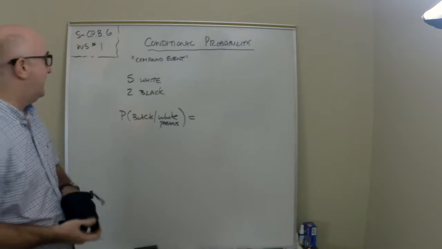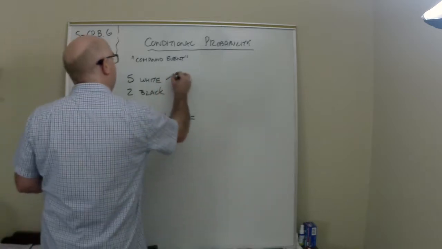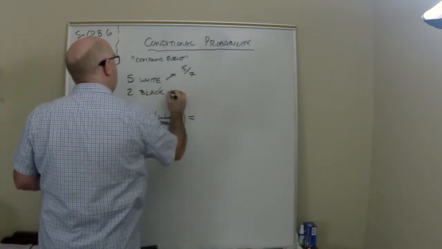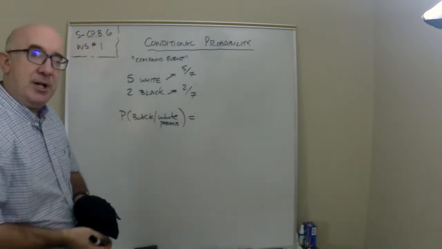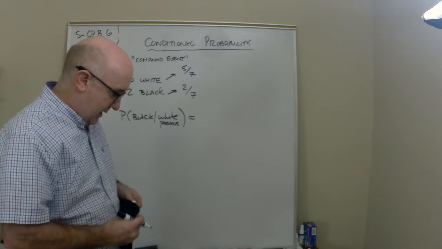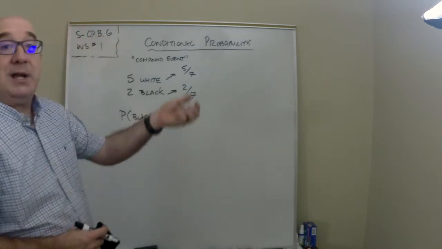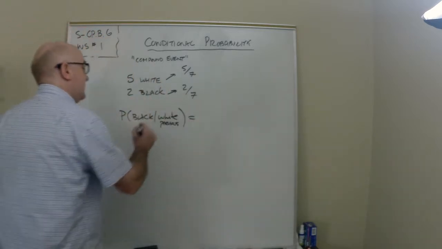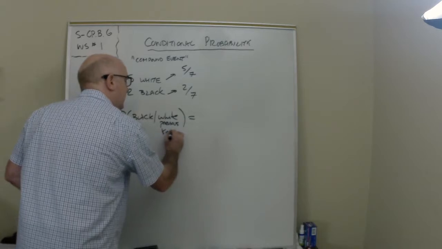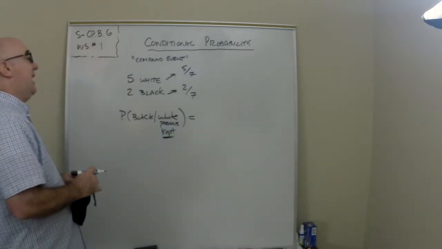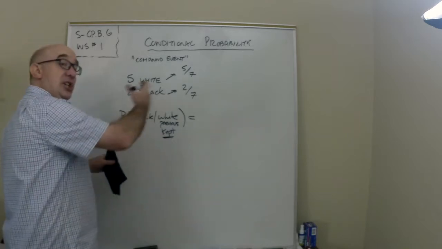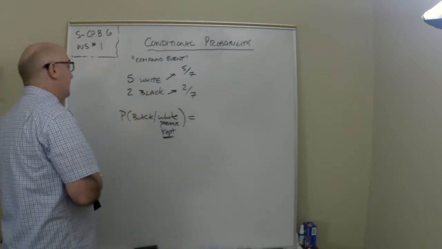So you've got the original probability of white is 5 out of 7. The original probability of black is 2 out of 7. But the conditionality says we went and we grabbed a white one and, let's say, kept it. Okay. So out it comes. What's the chances of getting a black? What's the conditional chances of getting a black?